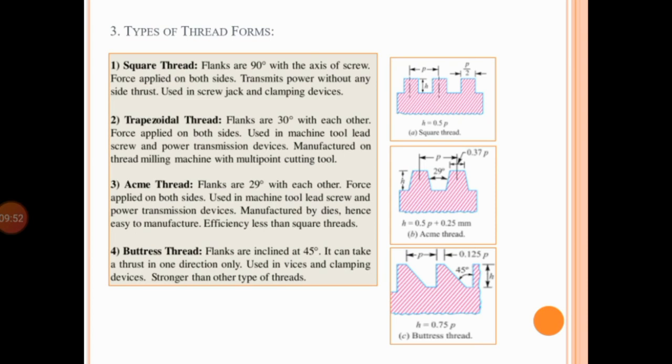A special point to focus on is that such buttress threads are used whenever we require transmitting power or load in one direction only. So this is its specific application. Also, the diagram indicates a few geometrical relations between pitch, height, width, etc.